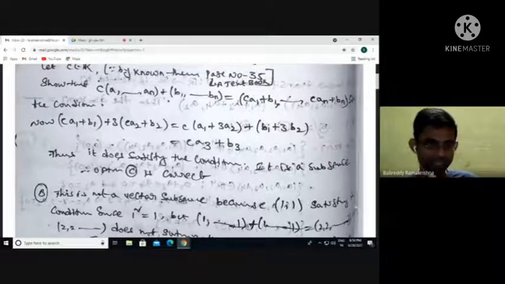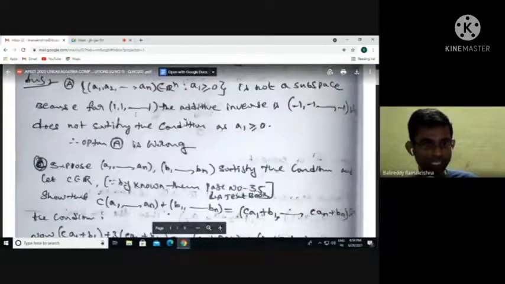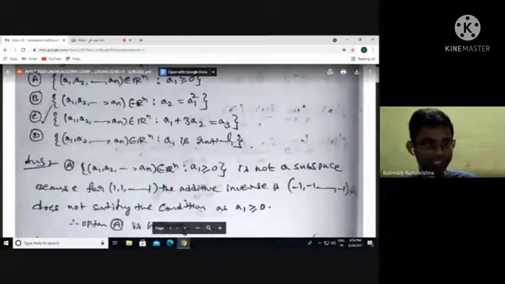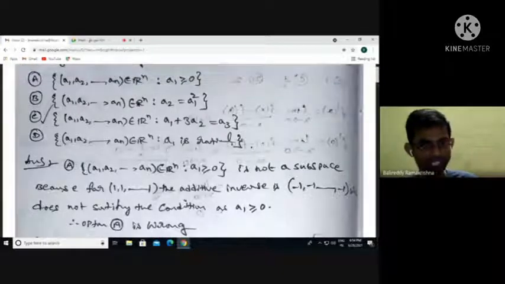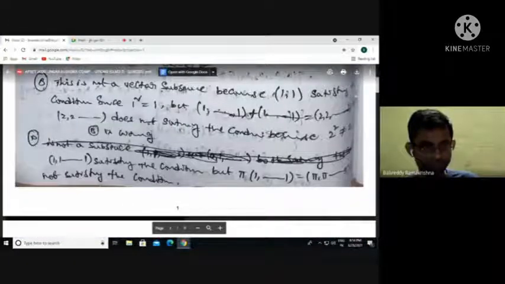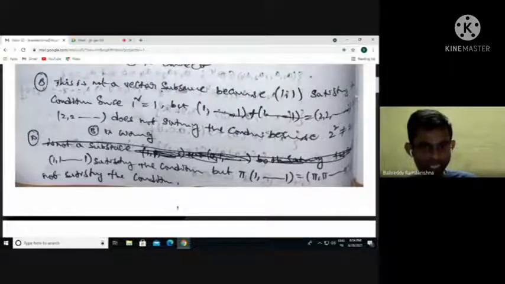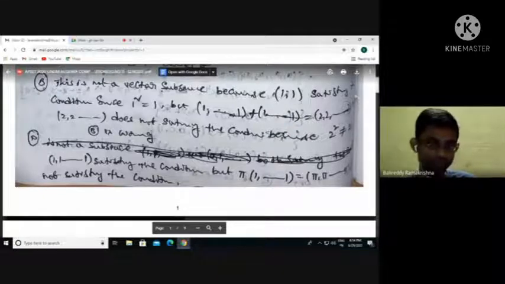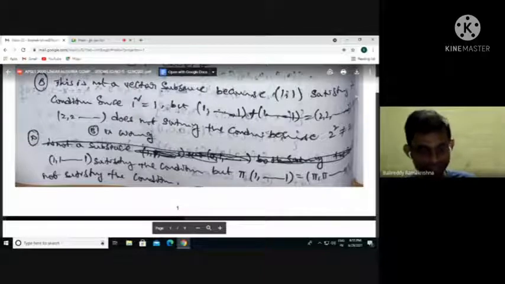Okay, similarly we can verify option number D. So coming to option number D, given that the n tuple a1, a2, and so on an belongs to R power n such that a1 is rational. Okay, so here we have the n tuple 1, 1, 1, and so on 1 satisfying the condition, but pi is an irrational, so pi times 1, 1, 1, and so on 1 is given as the n tuple pi, pi, pi, which does not satisfy the given condition, so it is not a rational number.